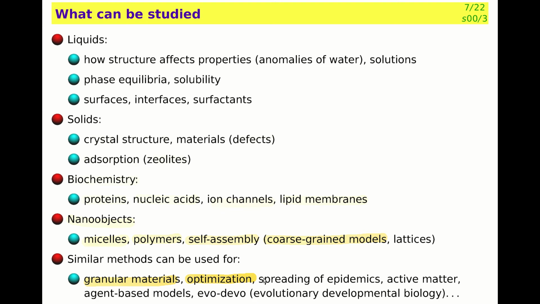For example, it's quite actual now, spreading of epidemics. We can study the so-called active matter. Active matter, these are maybe, for example, micelles of nano-objects or whatever, which can move, which have energy or are given energy to move somewhere.